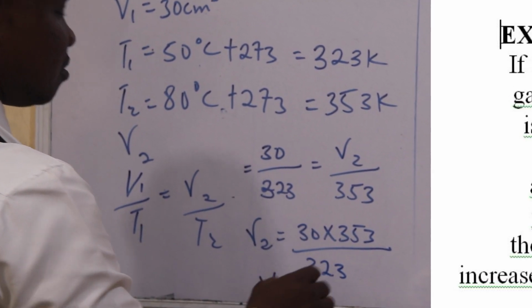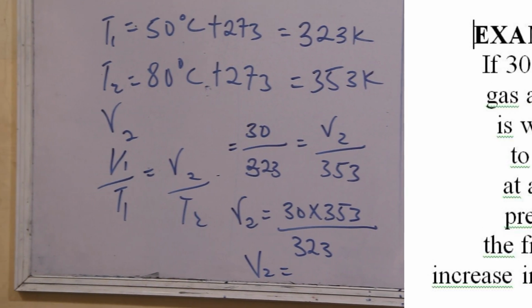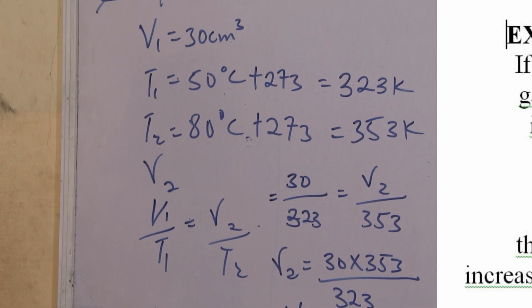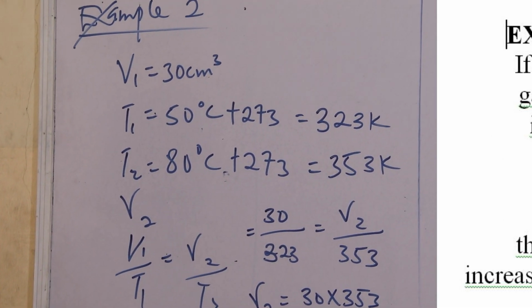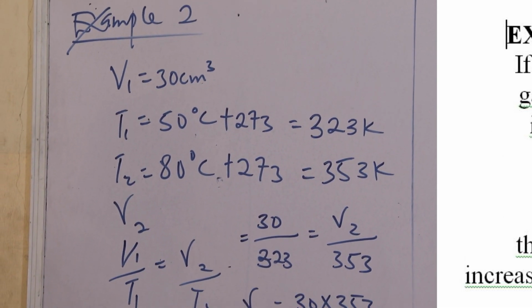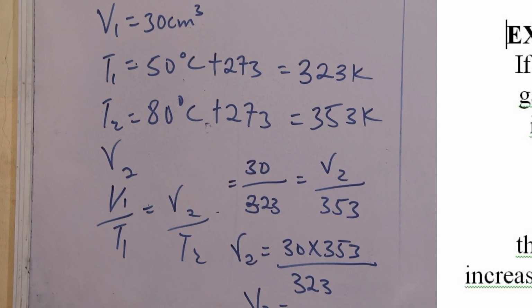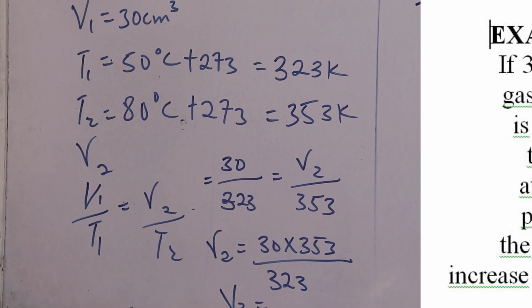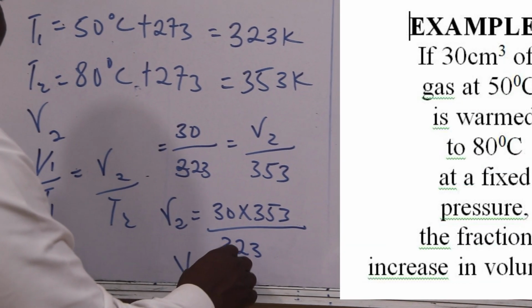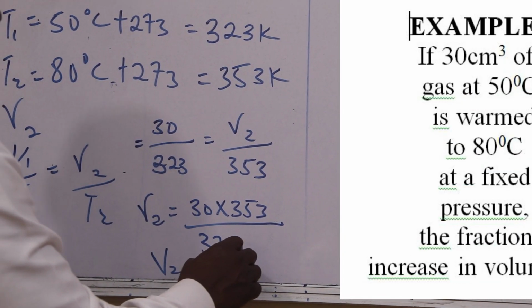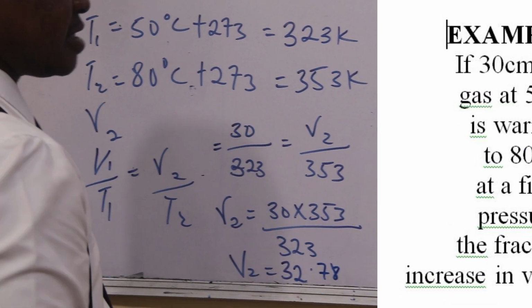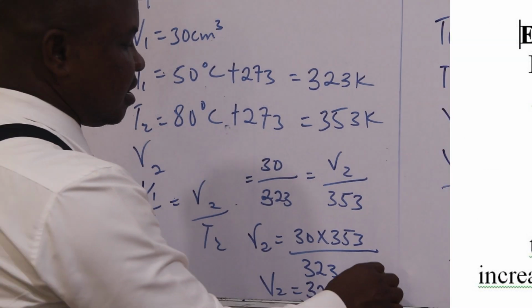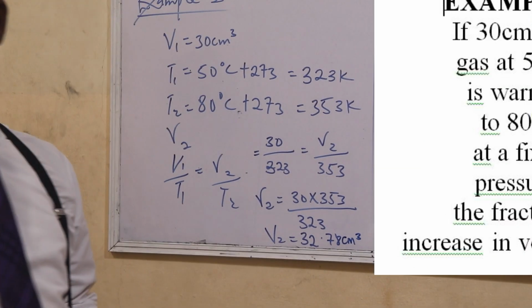Our V2 will be 32.78 cm3. Okay, that's what we arrive at.